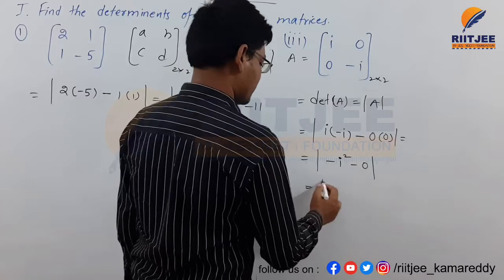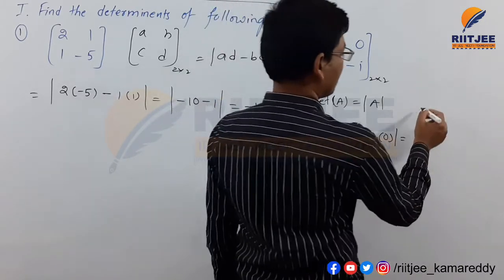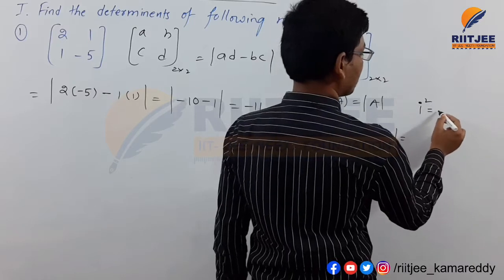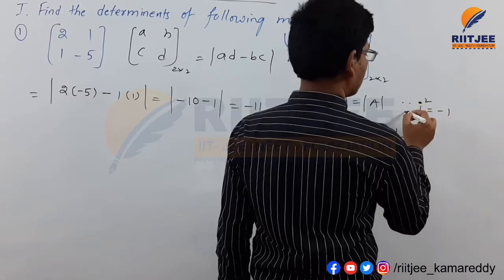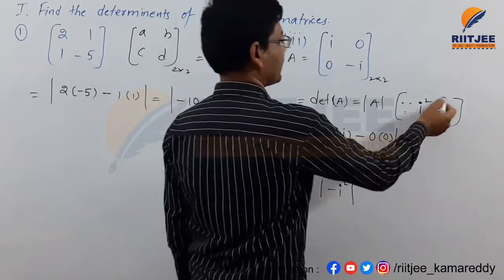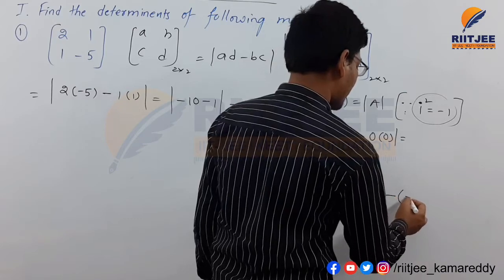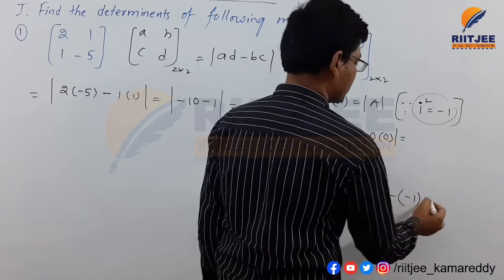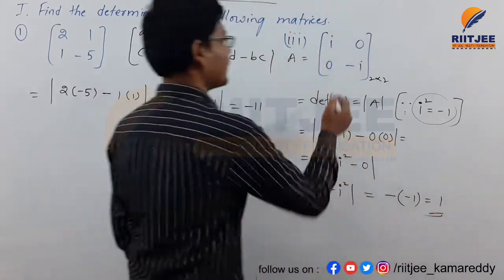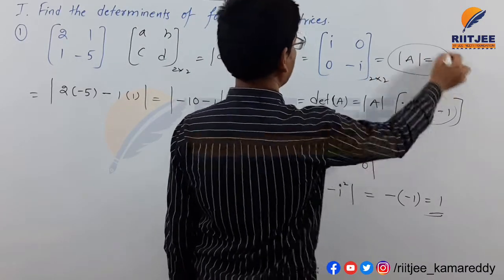This can be written as minus I square. The value of I square is minus 1 according to complex numbers, and minus of I square is minus into minus, which becomes plus 1. The determinant, mod of A, is equal to 1 for this question.